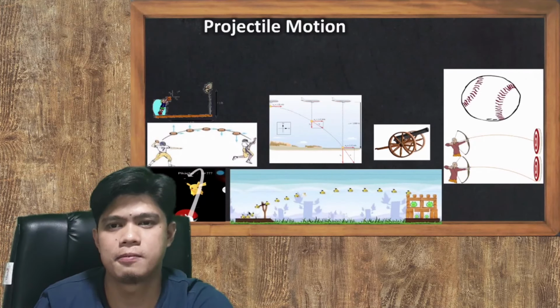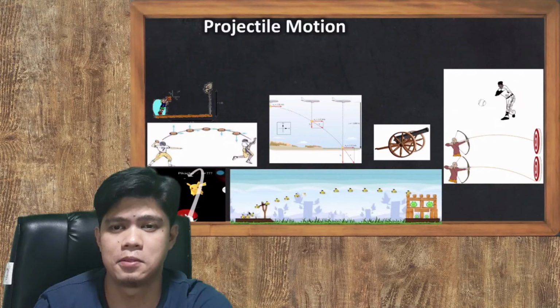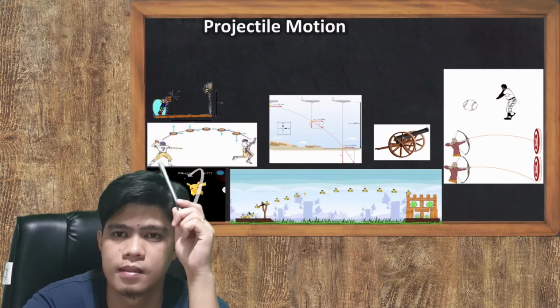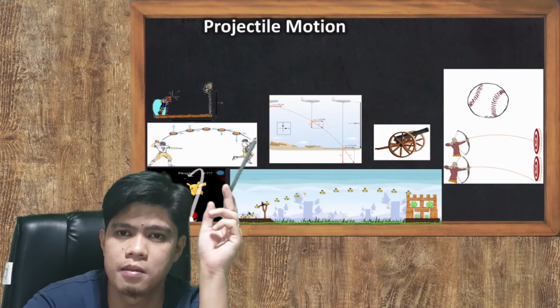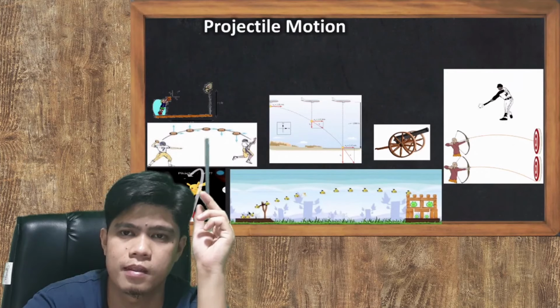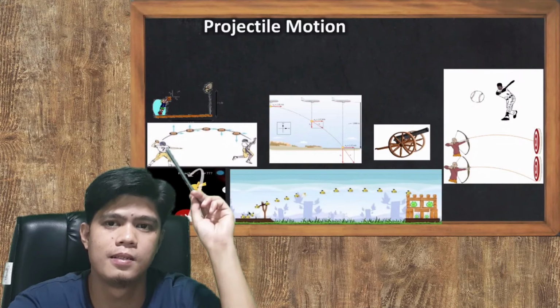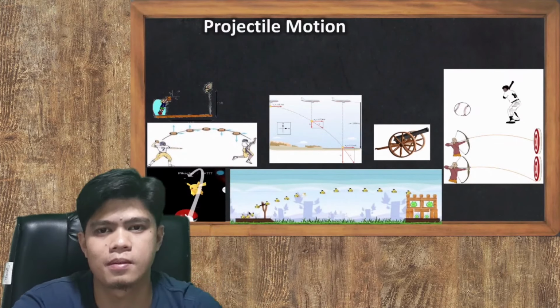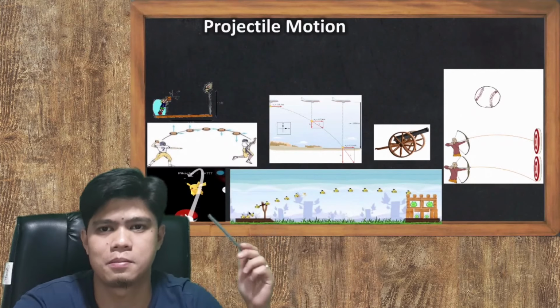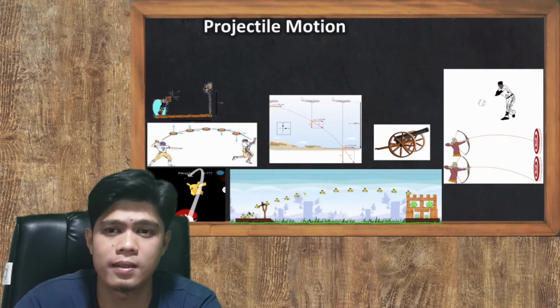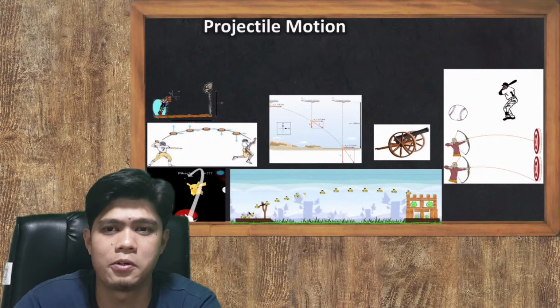Now let's discuss projectile motion. Every time there's a ball game, it involves projectile motion. For example, throwing a ball, a basketball, or a football, or playing Angry Birds, Pokemon, or archery. But what is projectile motion?